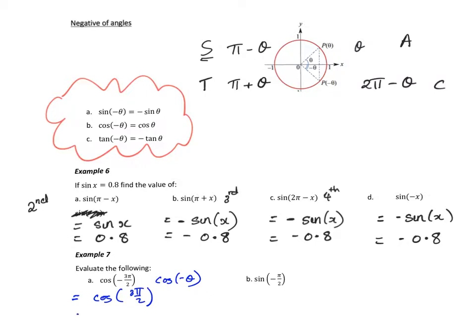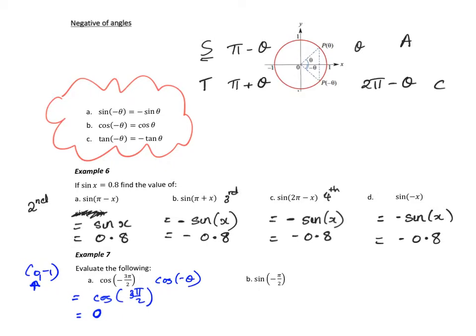And if we go back to our circle, we know that cos of 3 pi on 2 is equal to 0. That goes back to the fact that our coordinate there was 0, minus 1 at 3 pi on 2. And we always look at the x ordinate for our cos.